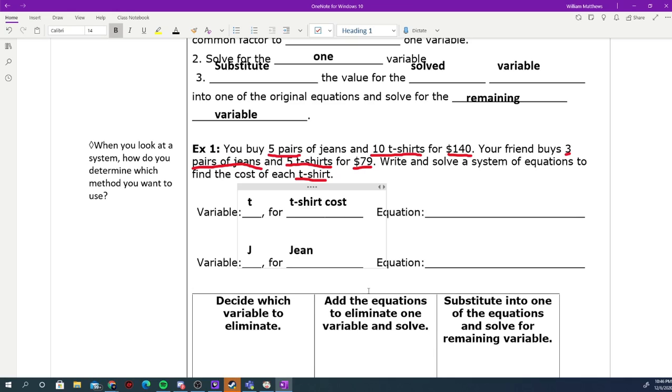And J for jeans cost. Remember, we're not just looking for jeans, we're looking for their cost.